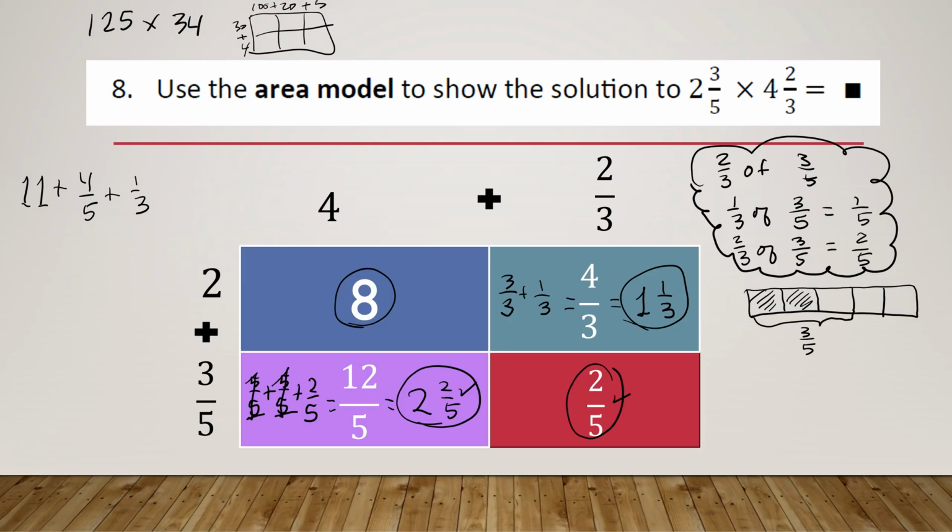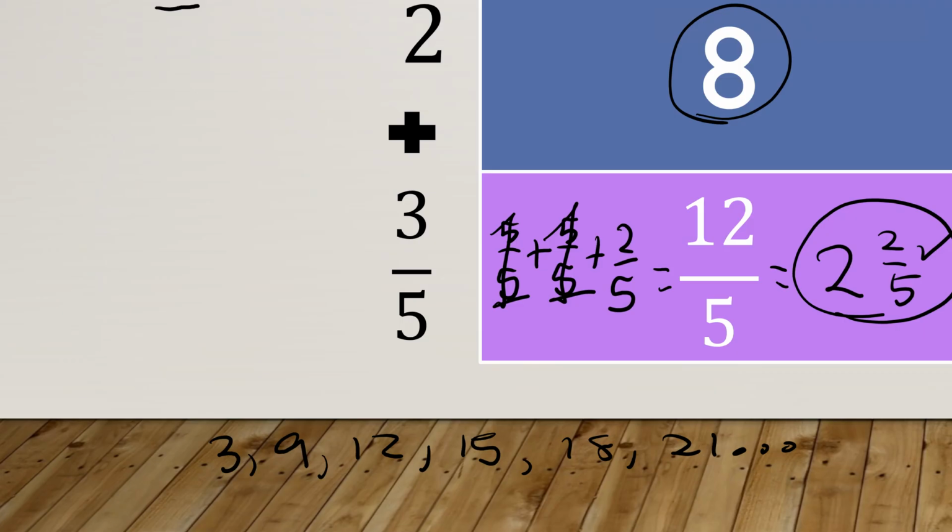Well, in order to add, we need them to be of the same size. So I am thinking of common multiples, right? Multiples of 3: 3, 6, 9, 12, 15, 18, 21, and so on. And then we have 5.